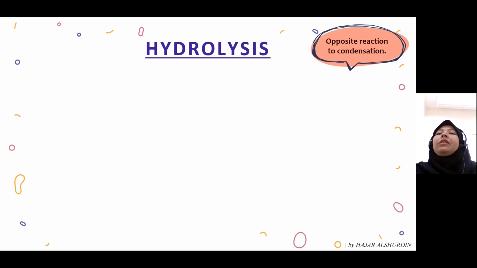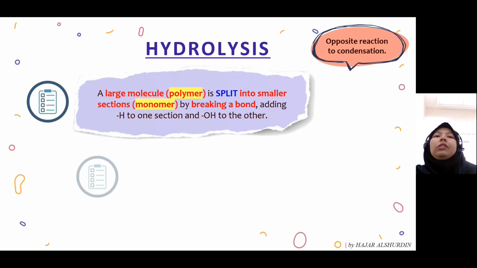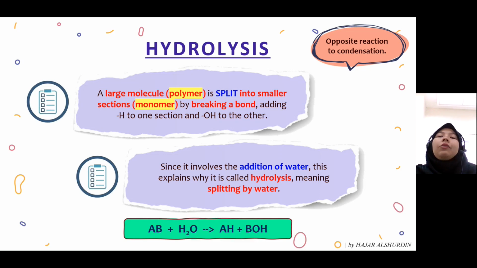Now we go into the opposite reaction to condensation, which is hydrolysis. Hydrolysis is the polymer splitting into monomers. Before this, we learned about condensation, when monomers form a polymer. For hydrolysis, it involves the formation of monomers from a polymer.